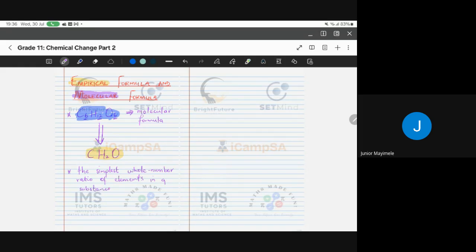The substance can either be a compound or a molecule. That is the definition of an empirical formula.